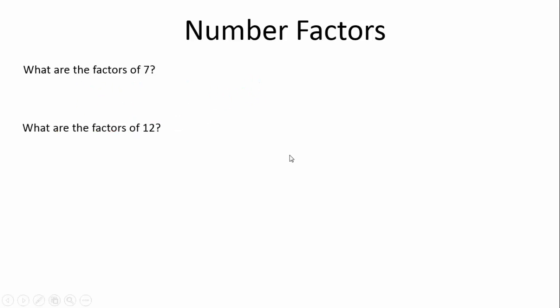Okay, let's clear that. What are the factors of 12? Let's try this. 12 times 1. Now what I want to show you here is if it is even, you can always halve it to find a factor. There cannot be a factor of 12 that is more than half of 12. 12 divided by 2 is equal to 6.